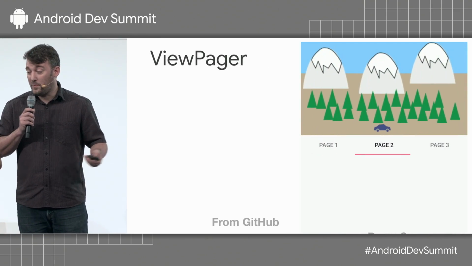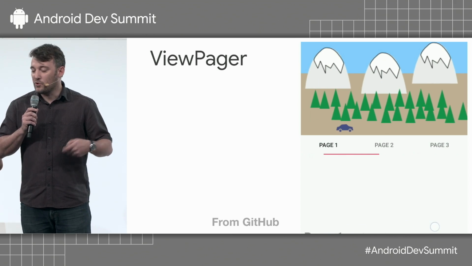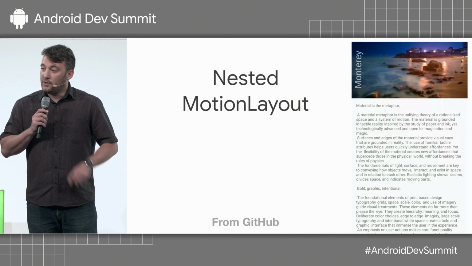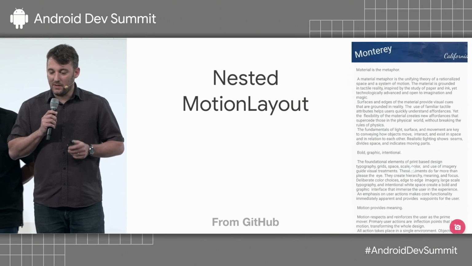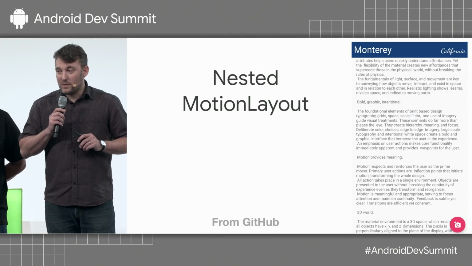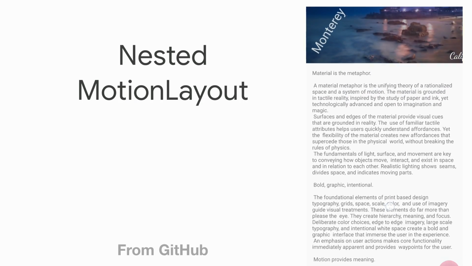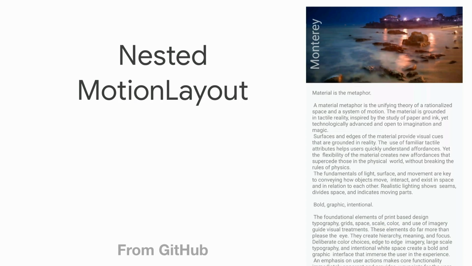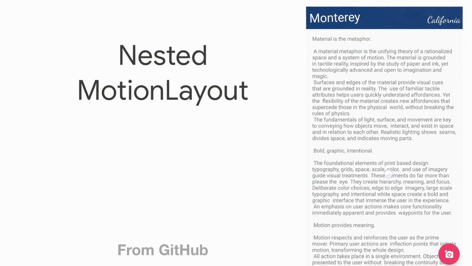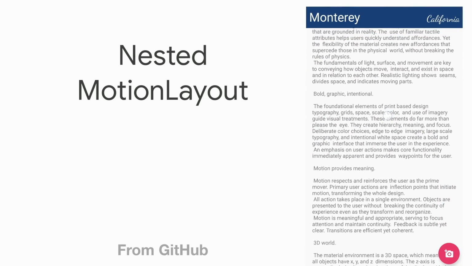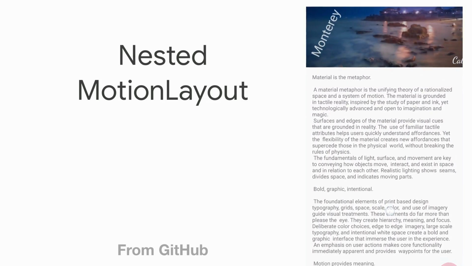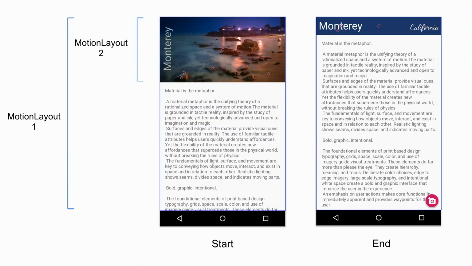Same thing for view pager. You can easily plug motion layout into it. The last example is interesting. It really looks like coordinator layout, but actually, this is pure motion layout. And what's nice about it is that it actually is 2 motion layouts nested. We have one for the collapsible toolbar. It's exactly the same one I used before for the coordinator layout example.